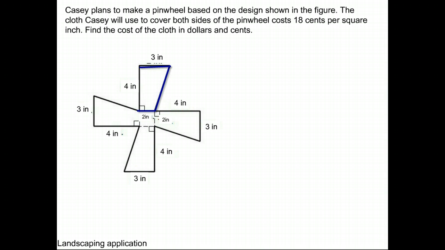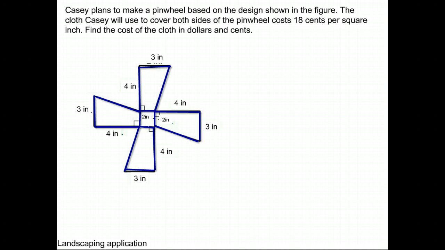Okay, so notice all of these pinwheel figures on the outside. Those are trapezoids. Okay, so how many trapezoids do we have? Four. Very good.